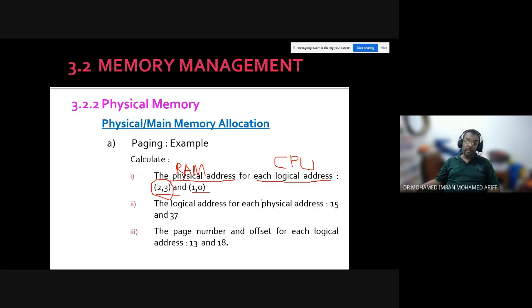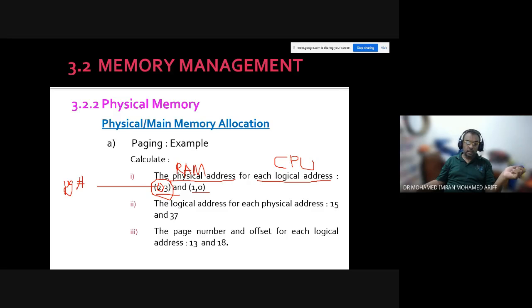So inside paging, when the logical address comes out, dia akan datang dalam bentuk ini. 2,3 atau 1,0. Dia ada 2 numbers kat situ. So the first number, this one, is referred to as page number.